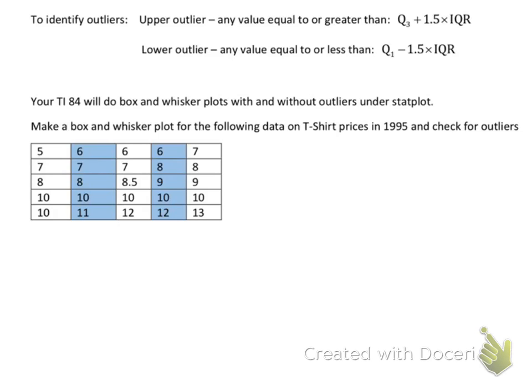You can put this data into L1, and then say second stat plot, and still go to number 1. In terms of types, the fourth type of data display is a box and whiskers that shows outliers. The fifth type is a box and whiskers display that does not show outliers.